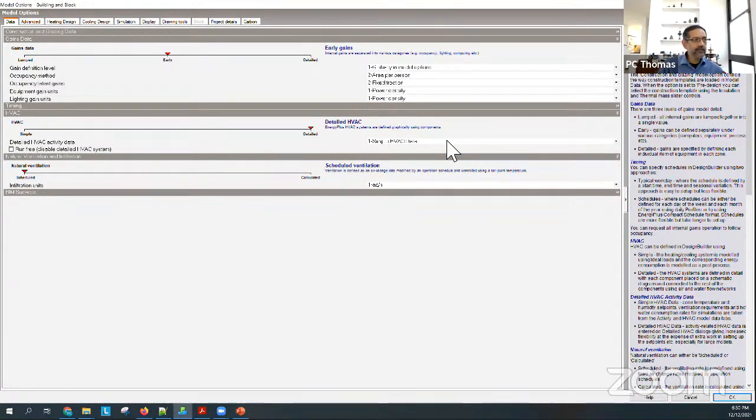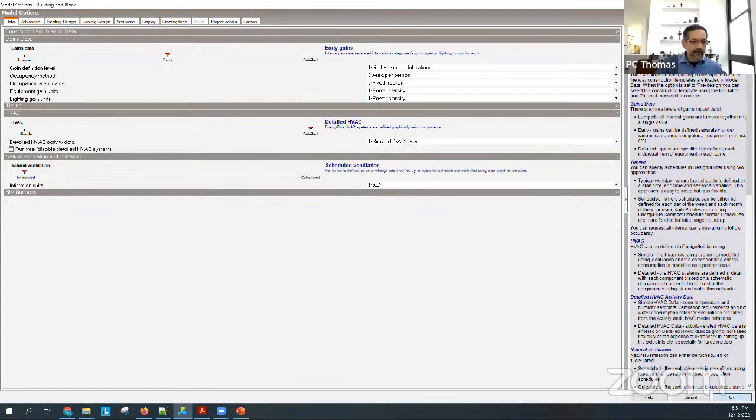If you put it to detailed HVAC data, then you have to give quite a lot of extra input to make it work correctly. In this case, all the fabric inputs, all the thermostat settings, all the outside air, everything it will take from the data that you've already put in the activity tab, in the lighting tab, and so on.